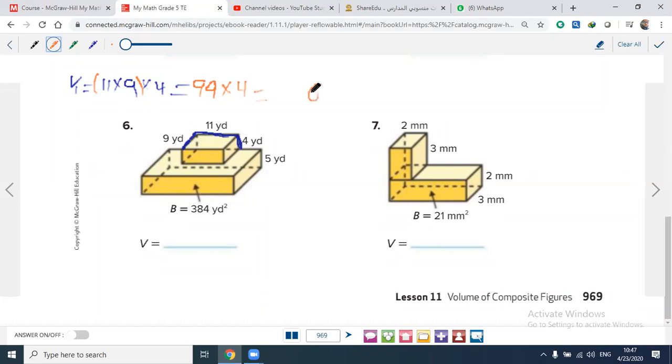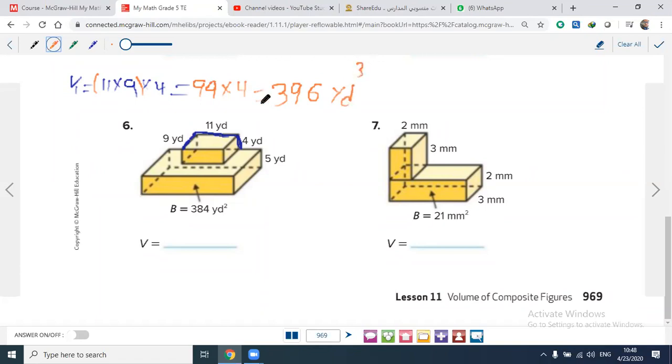Write 6 and carry 3. And 4 times 9, 36 again, plus 3 will be 39. So the answer is 396 cubic yards. Don't forget to write the unit of the volume.